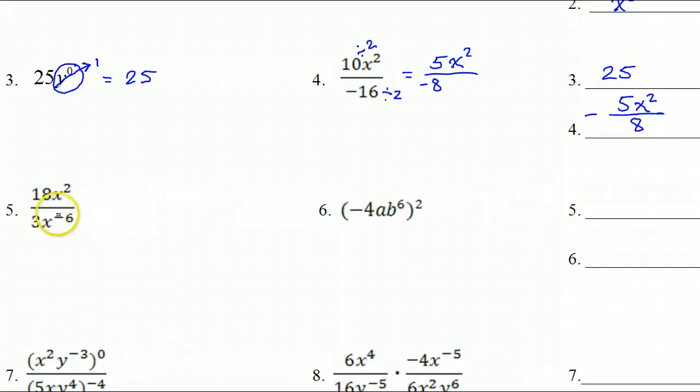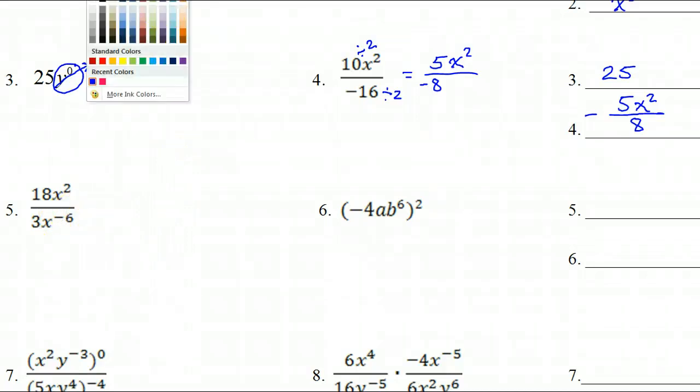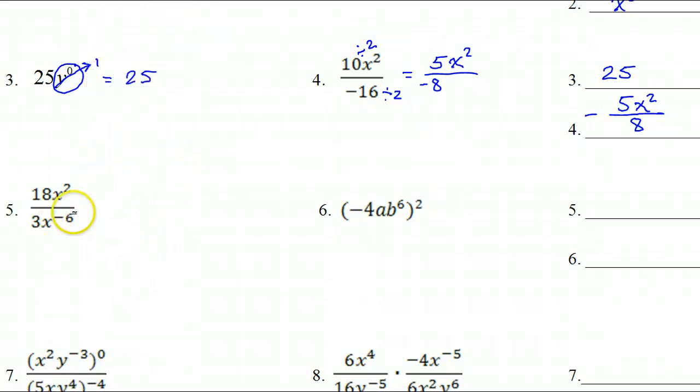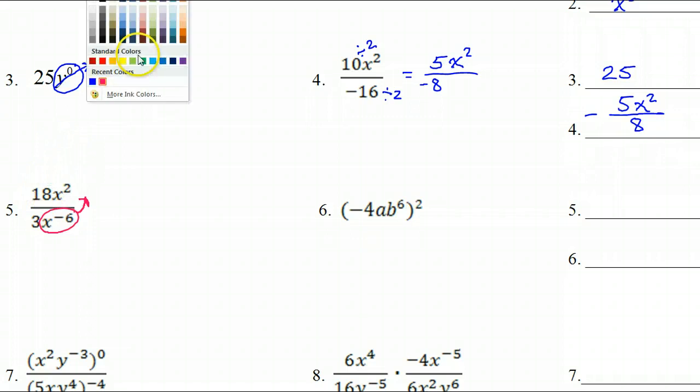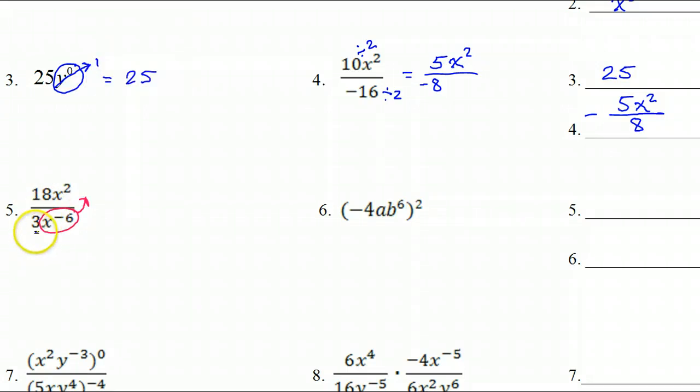Looking at number 5. Well, I see a negative exponent to deal with, so that is going to have to move up. Also, we might as well reduce. So we will divide this by 3, and we will divide this by 3.